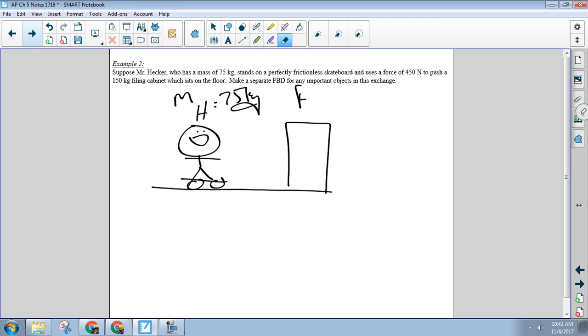The mass of the filing cabinet is 150 kilograms, right? So I'm standing at rest on a frictionless skateboard, and I'm going to push the cabinet.